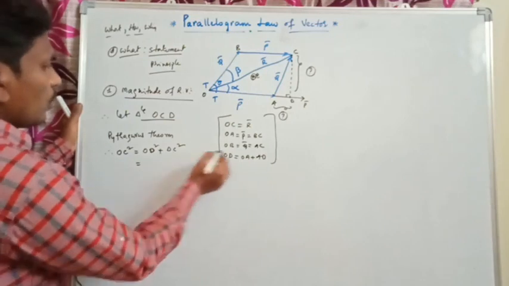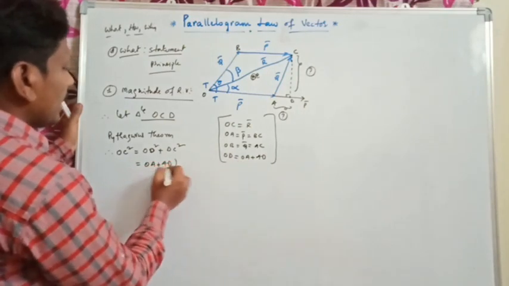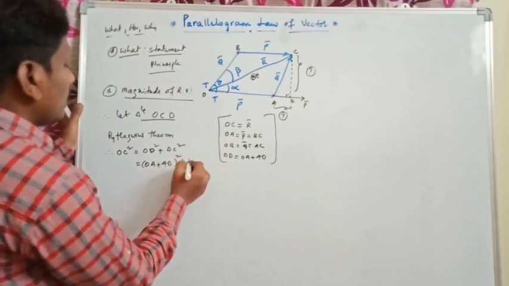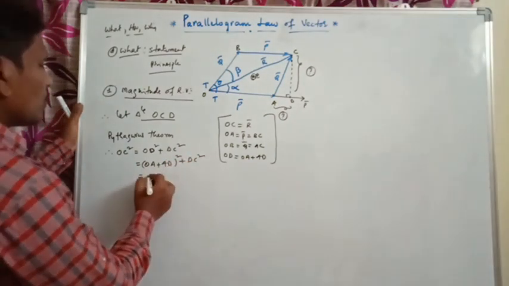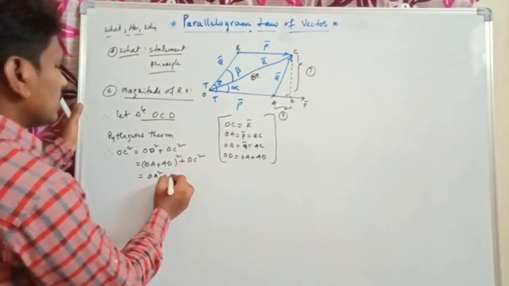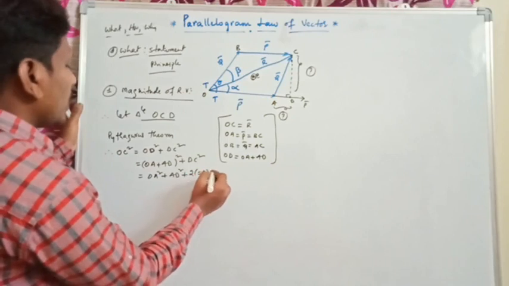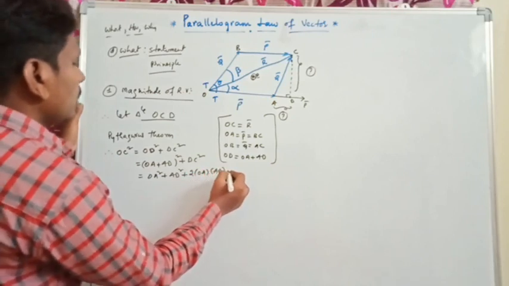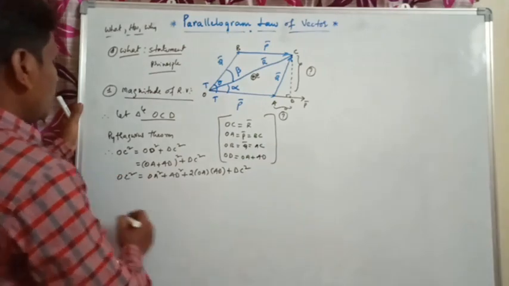And this OD we can write as OA plus AD whole square plus DC square. This we can write as (A plus B) whole square, that is OA square plus AD square plus 2 OA into AD, plus DC square, which equals OC square.